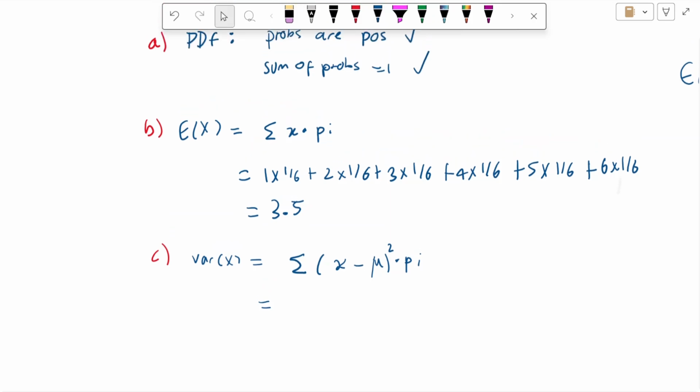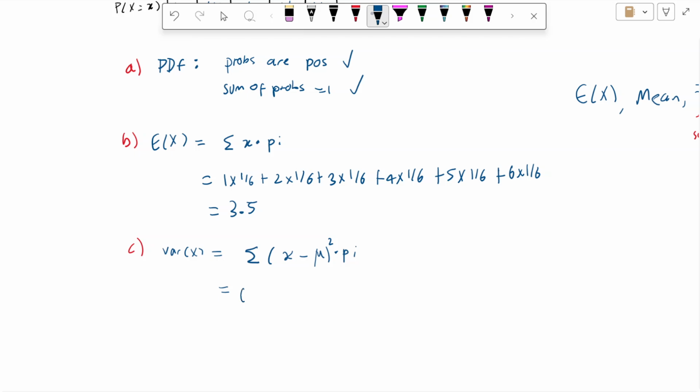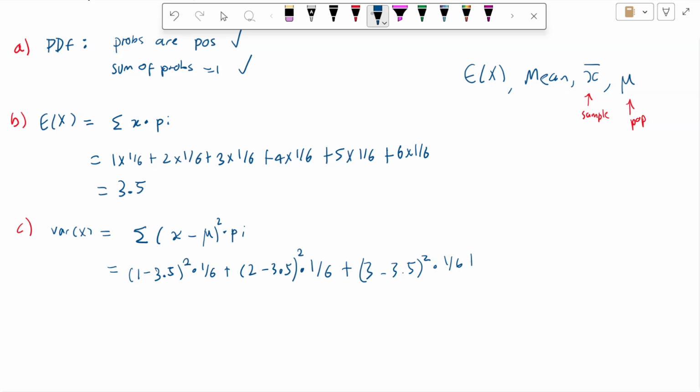Basically what it's going to look like is very much like the previous equation. But the first X value is 1 take away the mean, 3.5. We square that, and then we times it by the probability of getting a 1. So that's 1 out of 6. Then 2 take away 3.5 squared times the probability of getting a 2. 3 take away 3.5 squared times the probability of getting a 3, and so on and so forth.